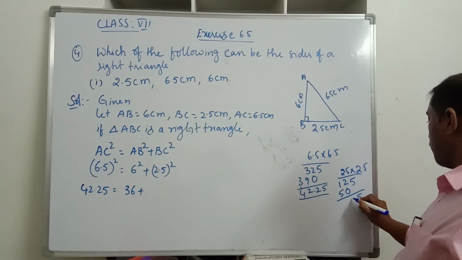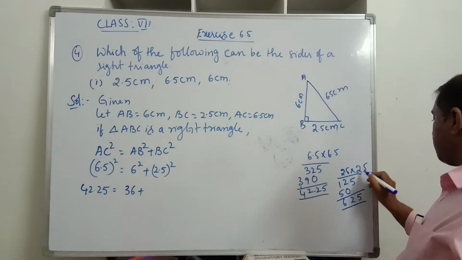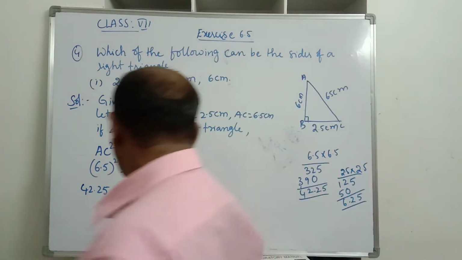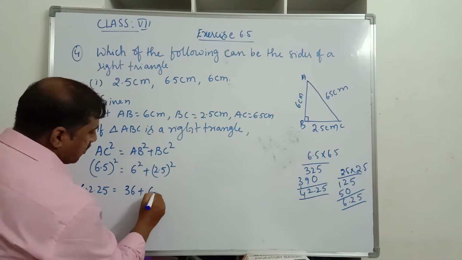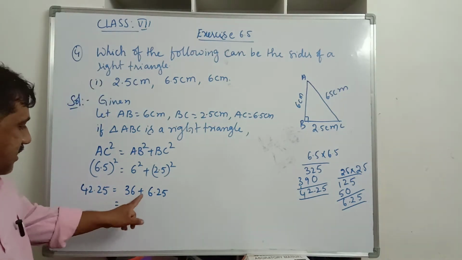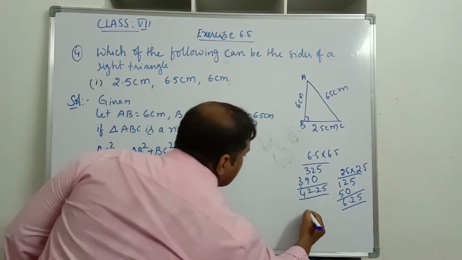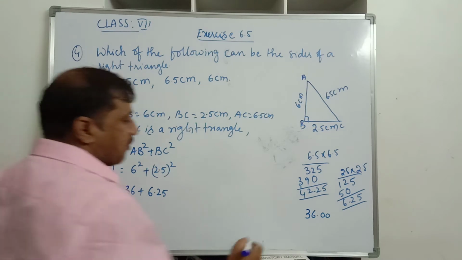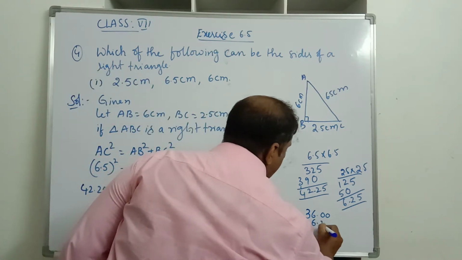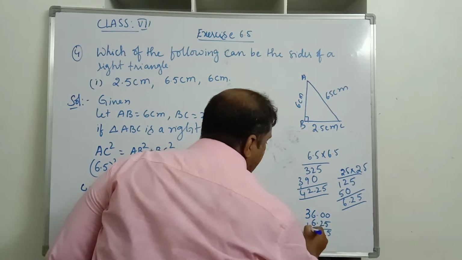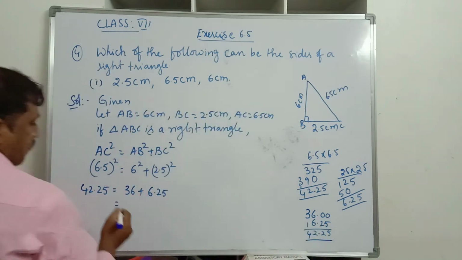Now 5, 2, 6, keep the decimal point after 2 digits, what we get is 6.25. Now 36 plus 6.25, how much do we get? 36 means 36.00, plus 6.25 we get 42.25.